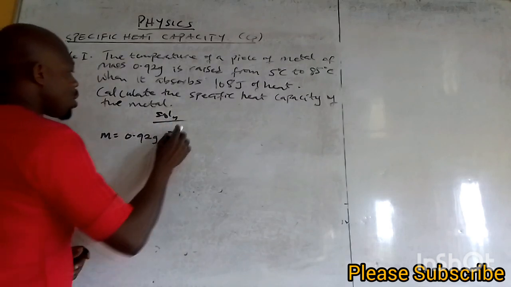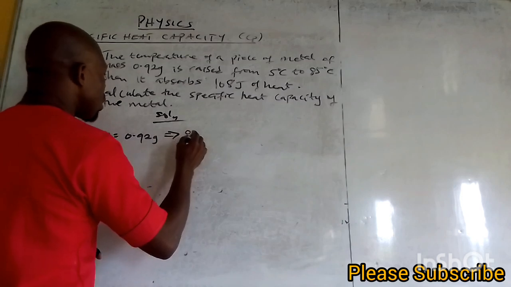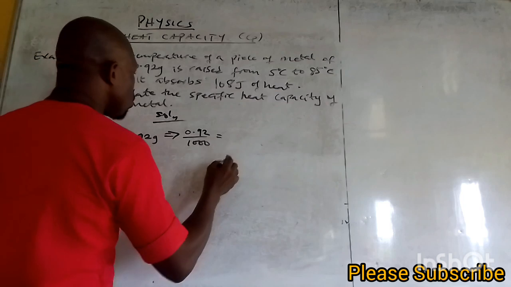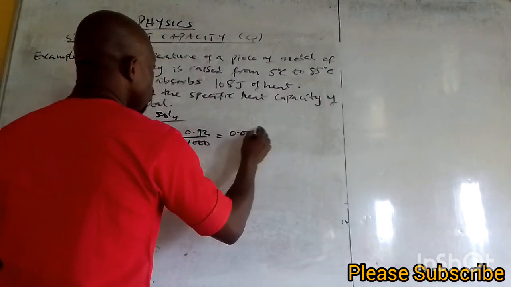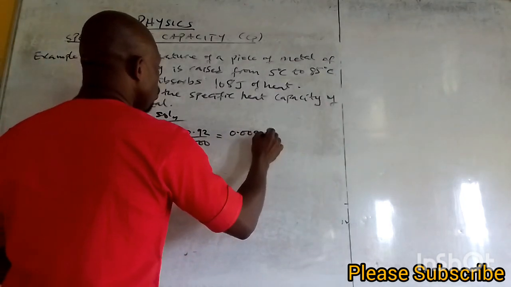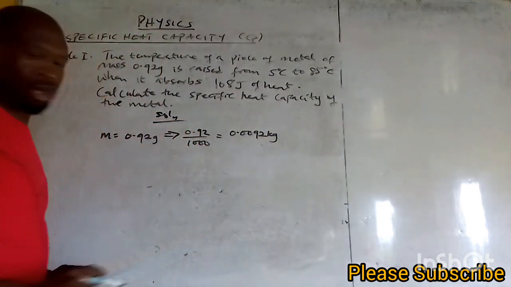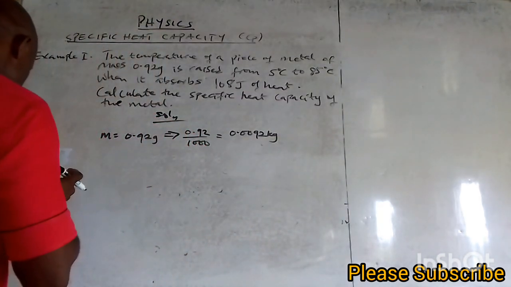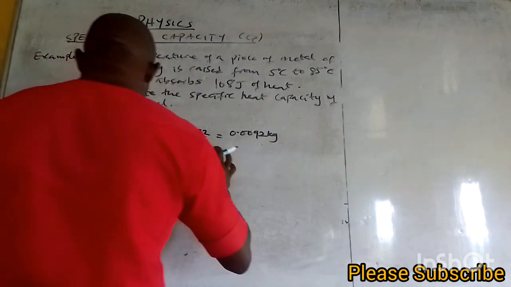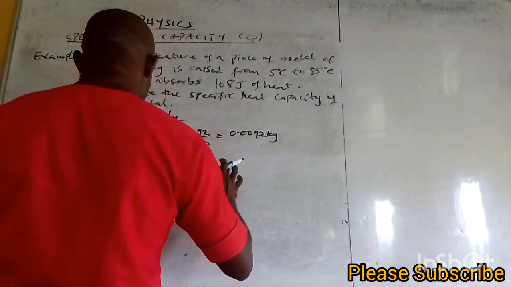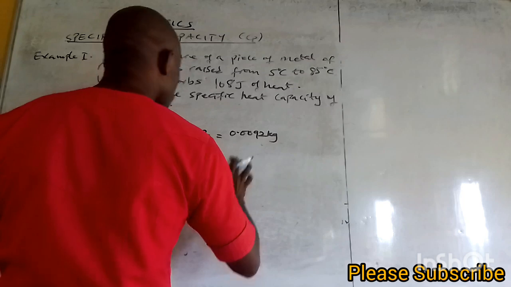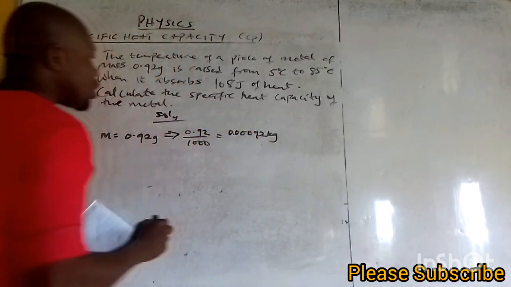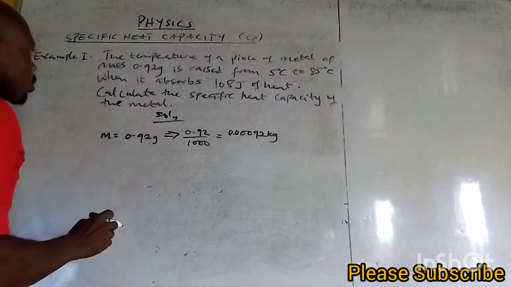We convert it to kilogram by dividing it by 1000. 0.92 all over 1000 will give us 0.00092 kg.